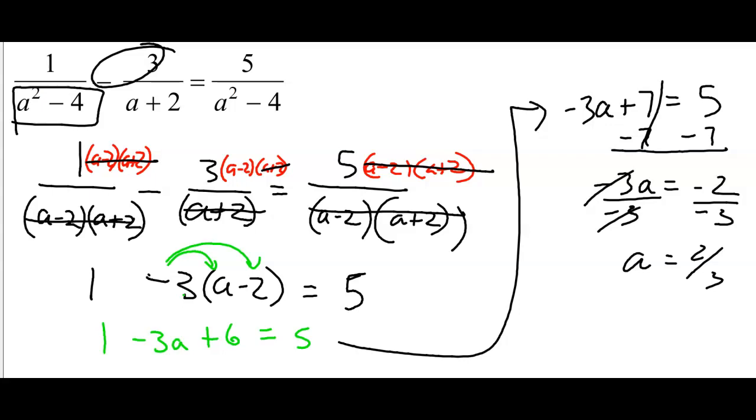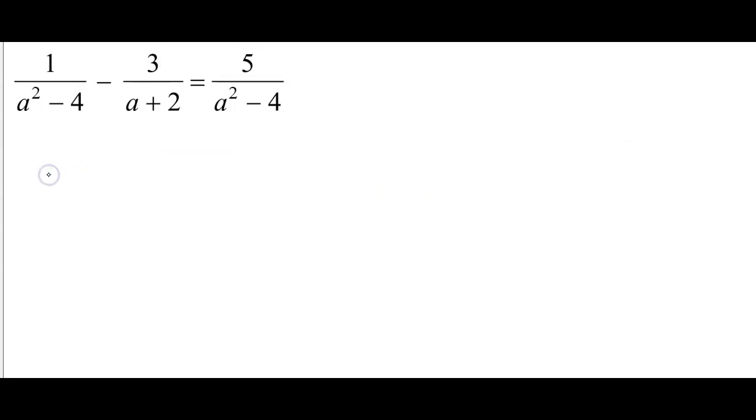If you just look at the factored form, like we had the following for the factored form, it was 1 over a plus 2 and 1 over a minus 2, right? It's easy if you look at the factored one.